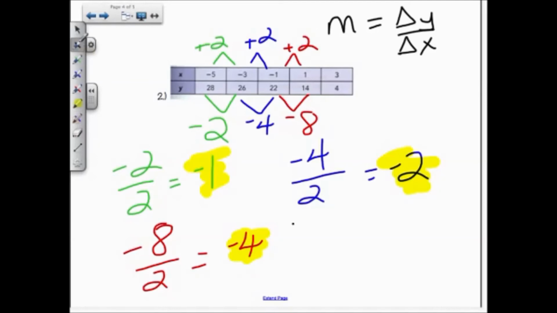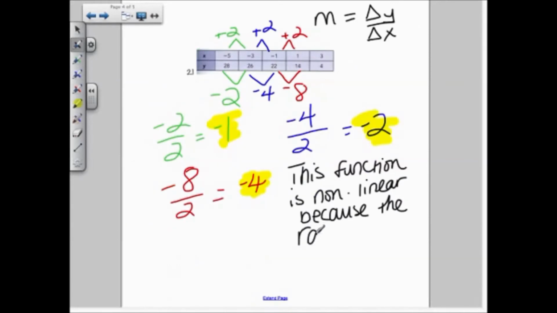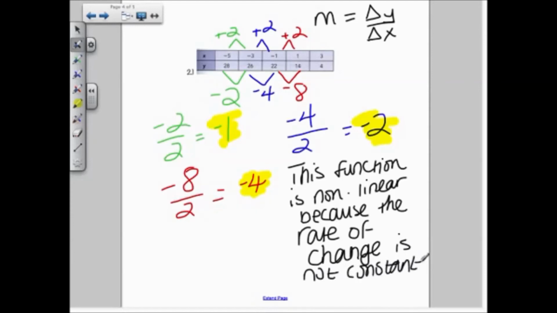So what we're going to say is this function is nonlinear because the rate of change is not constant. Okay, and hopefully that will make sense to you.